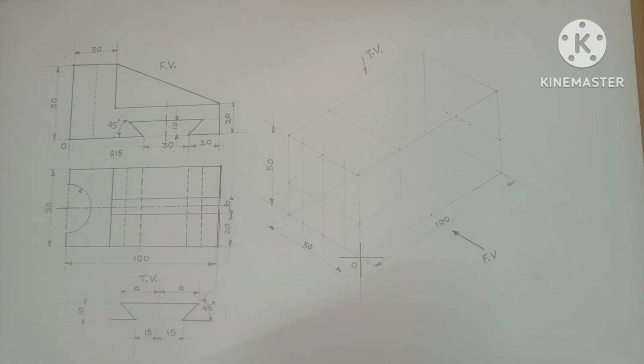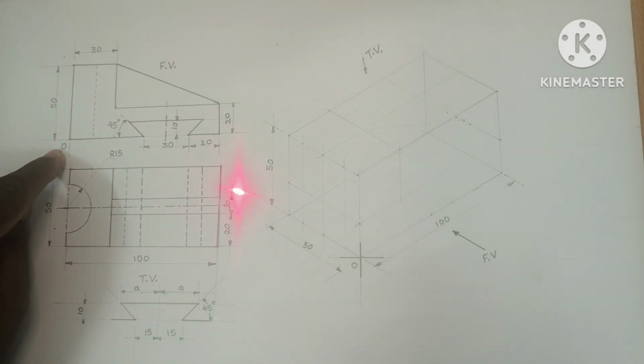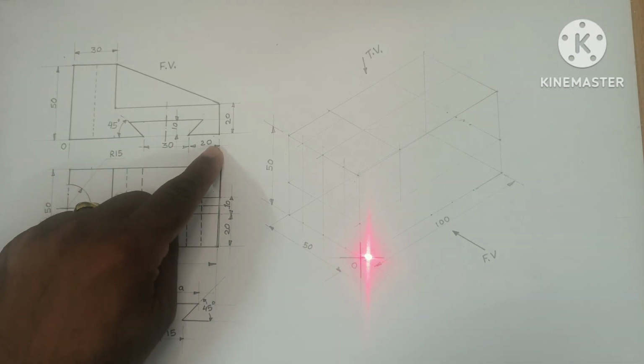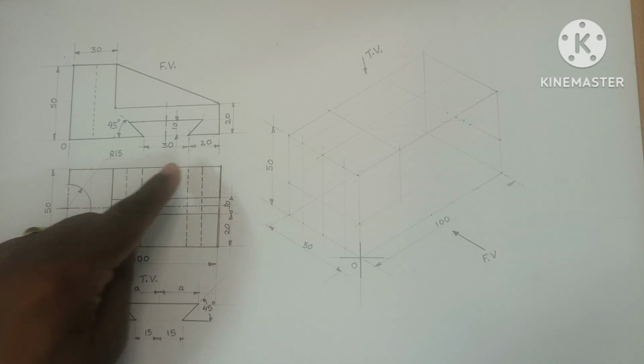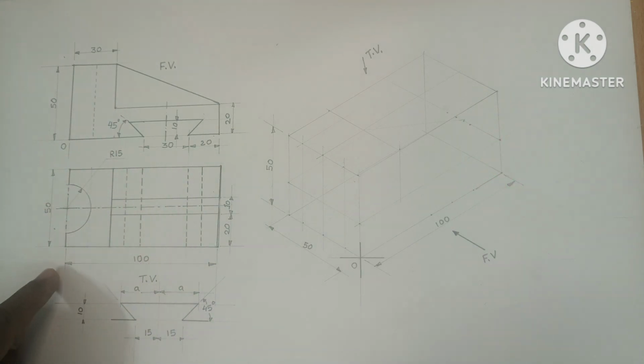Now what we have to do, first of all, observe it. Here O point is there, or origin, or we can consider it as a point O. I have drawn this O point here. Then from O point towards right, I have taken the distance, that is 100.